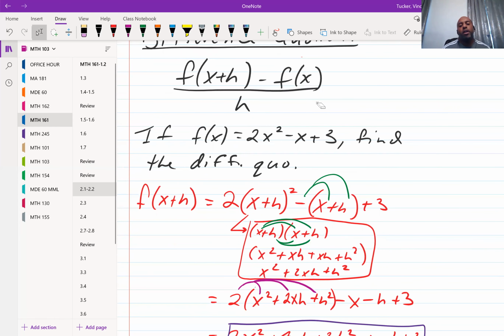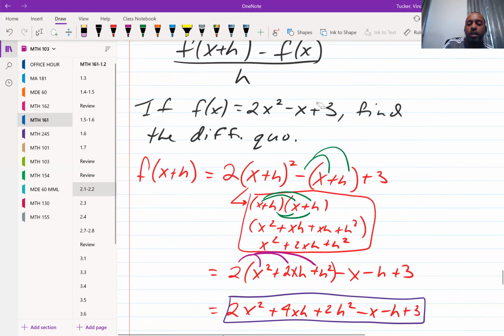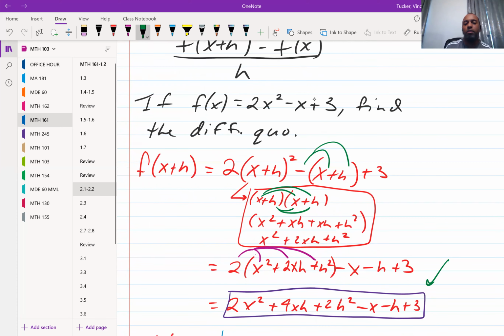So that's x squared plus 2xh plus h squared. Then you distribute the 2, and also distribute that negative to give you minus x minus h. And that 3 is still back there, not being affected by anything. But right here would be the result of plugging in x plus h for x and then expanding that out. So give me a chance to write that down.